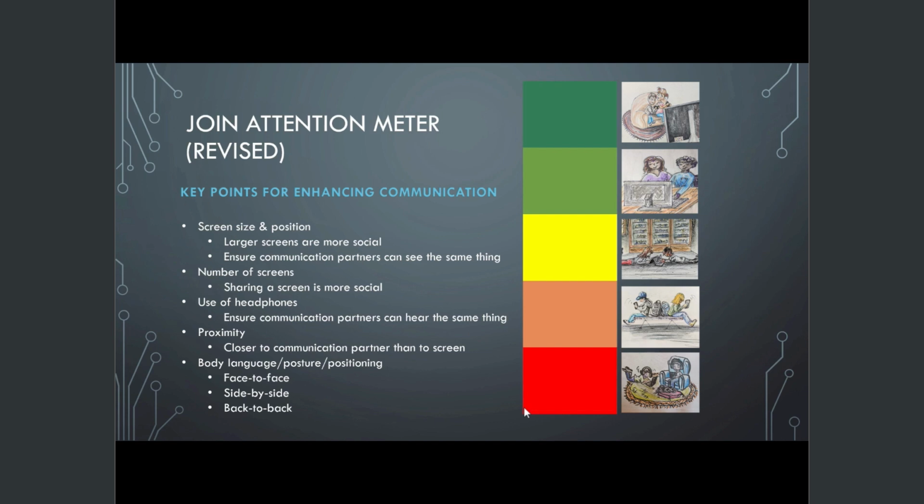Here is a visual tool that can really assist during those functional activities. This is my revised joint attention meter. My original joint attention meter appeared in my first webinar through Northern Speech that was addressing screen time. I've revised this tool based on questions that I've had children ask me during therapy sessions.